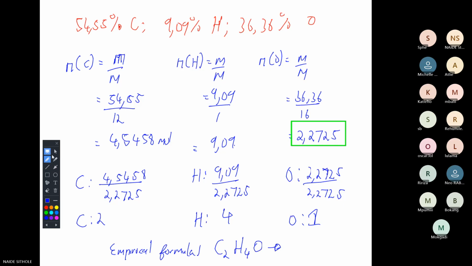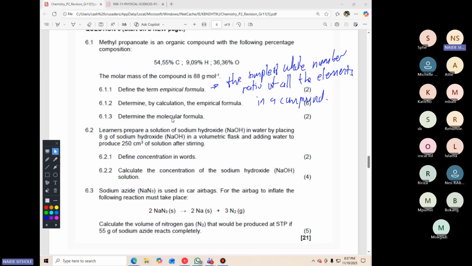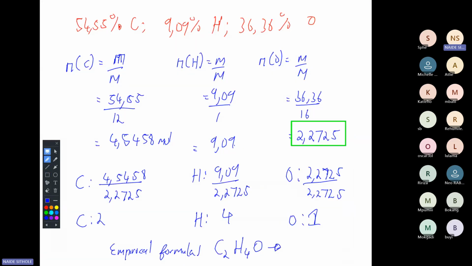Then determine the molecular formula. Now we are given that the molar mass of the compound is 88 grams per mole, which we do know from here. We should calculate the molar mass of the empirical formula. So molar mass of this C2H4O will be 2 multiplied by 12 plus 4 times 1 plus 16. This gives us 44 grams per mole.